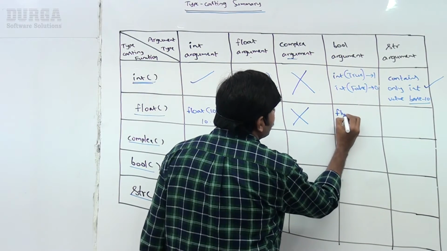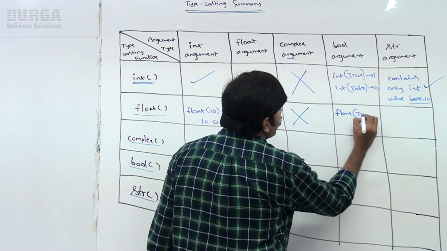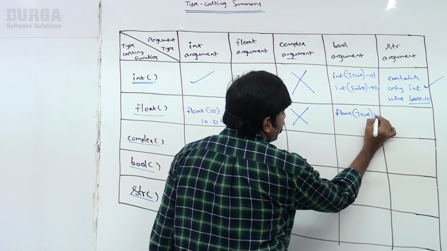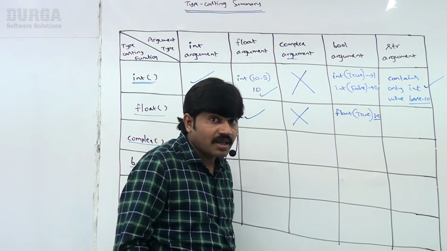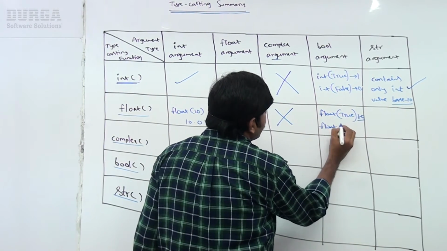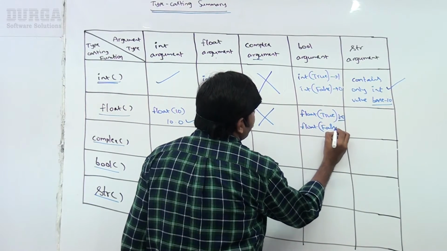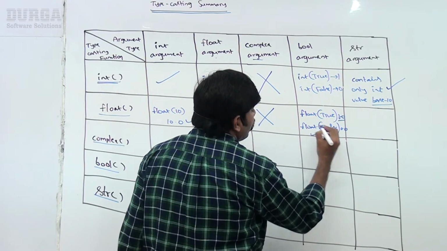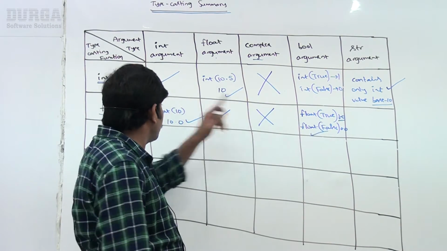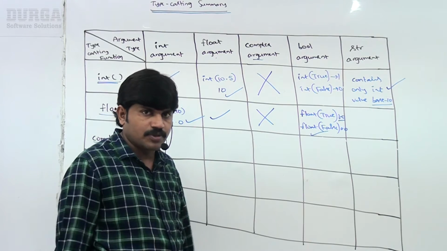Float of true gives 1.0, because true means 1 but I want a float value 1.0. Similarly, float of false gives 0.0, no problem at all. So boolean to float conversion is always possible.